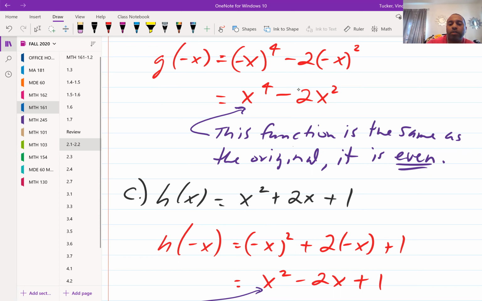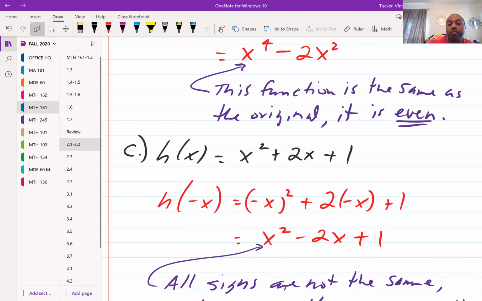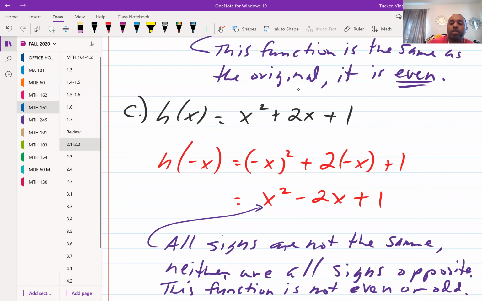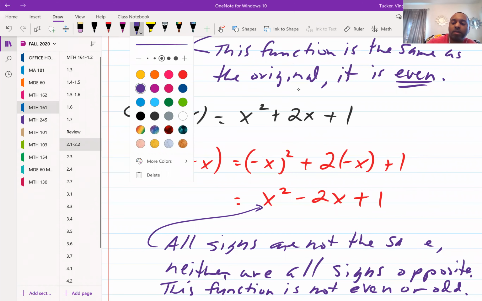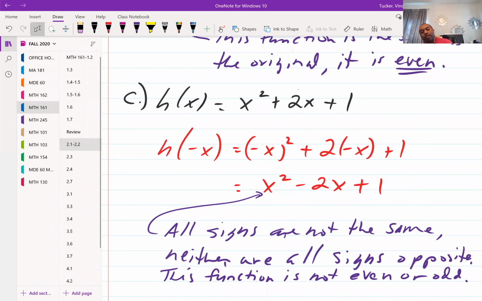And if you compare it to the original, all signs are not the same because we have the negative 2x there. And neither are all signs opposite. So that means it is neither. So remember, it has to be one or the other. Either it has to be all the same or all opposite in order for it to be even or odd. So this one is neither.